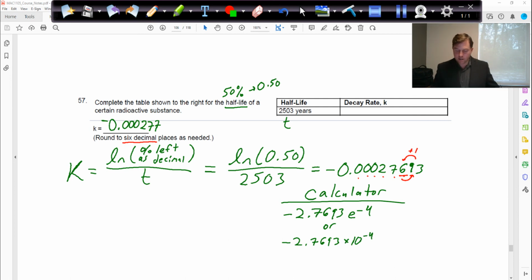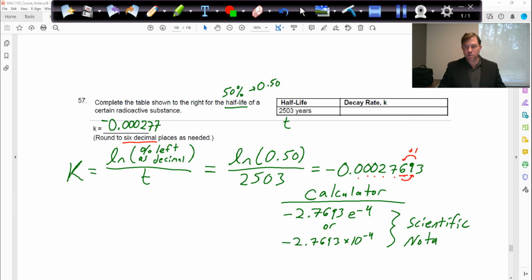These are all saying the same thing, so your calculator is writing this in scientific notation. And that is to show more digits. So if it showed you all those zeros in that small screen, it's not going to be able to show you a lot of the digits. So it's going to switch it to scientific notation.